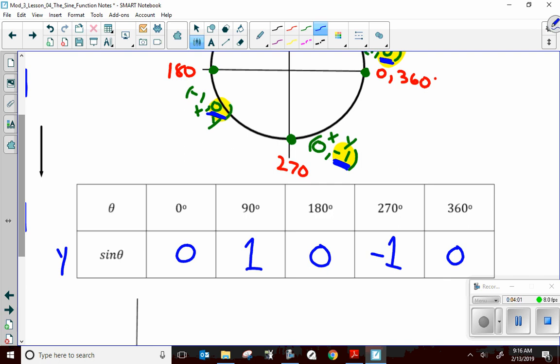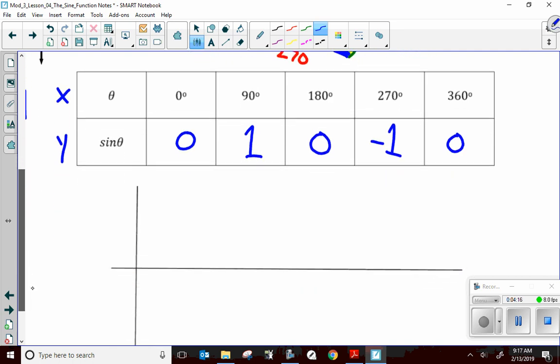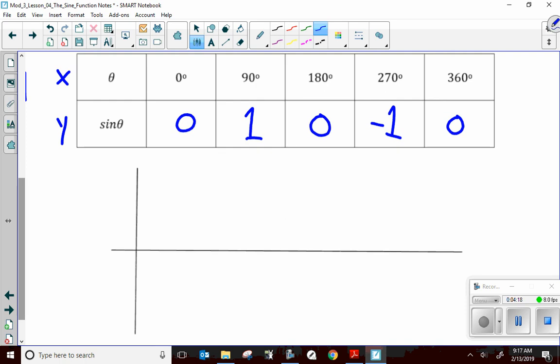All right? So now we have established, if these were coordinates on an axis, this is my x value, this is my y value, as far as graphing the sine curve, not the unit circle, but the sine curve. I'm going to look at this table, and I'm going to say that my x-axis is my degree, theta, and the y-axis is the value of the sine of theta, okay?